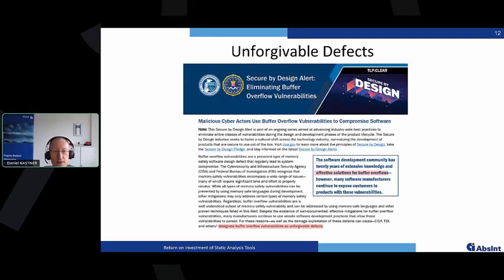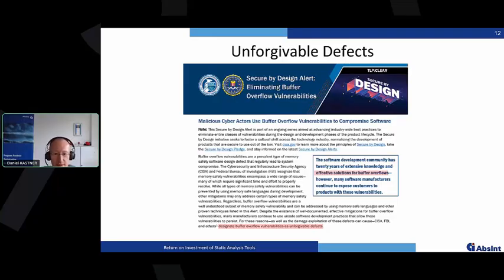And they actually termed this unforgivable defects. So that's pretty strong language. And it means that basically these kinds of software defects are also in the public perception, even outside classical safety systems, becoming less and less accepted.